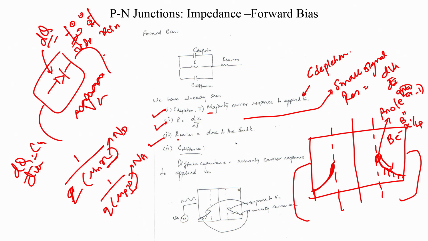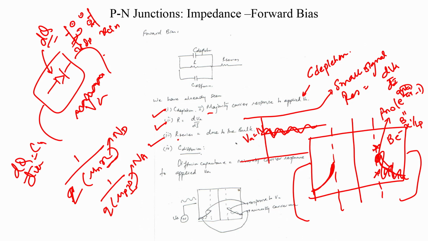So if I apply a small signal, now we are in forward bias, let us say we have a forward bias of plus 1 volt, and on top of that I have a small signal fluctuation. As the small signal goes above 1 volt, this minority carrier concentration will increase, and as it goes below 1 volt it will decrease. So any fluctuation here will be seen like a wave-like response in the injected minority carrier concentration.